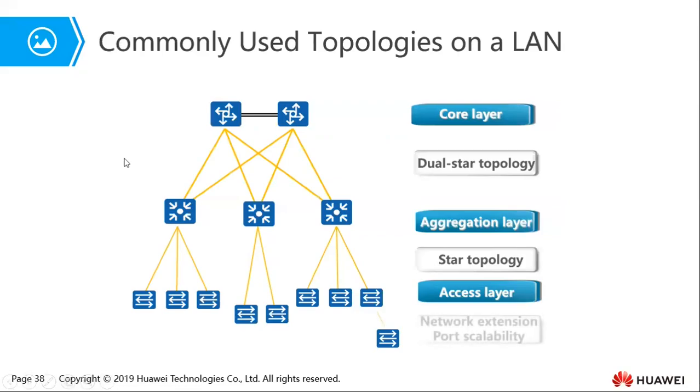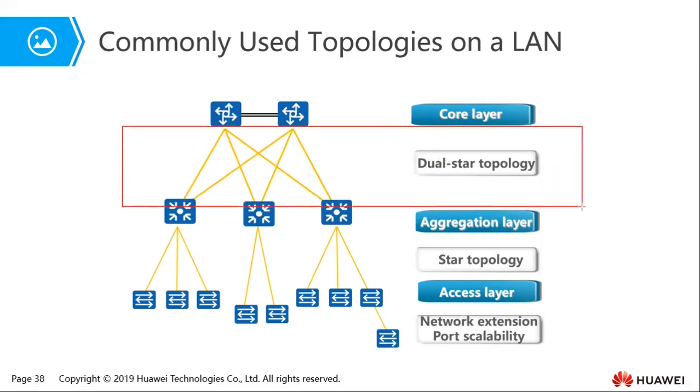So let's look at other things that you look at when you're designing your LAN. So the commonly used topologies on a LAN. I think I had mentioned this earlier. Between aggregation and core layer, we use the dual star topology.